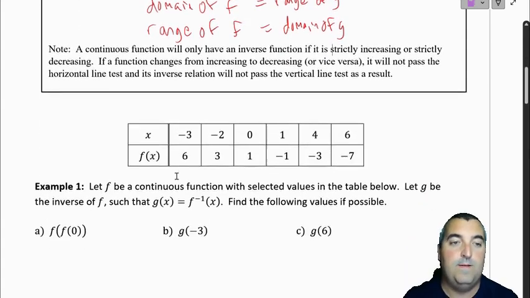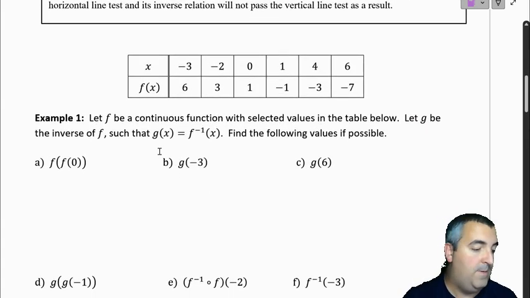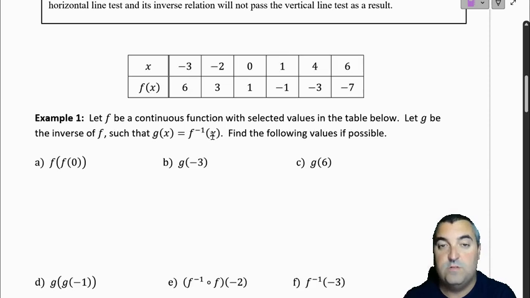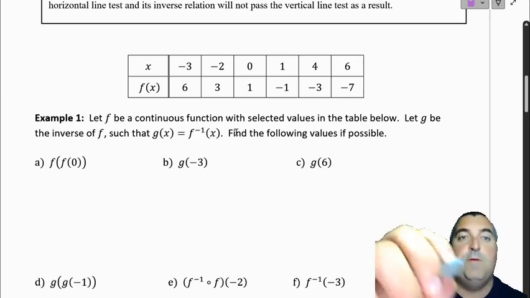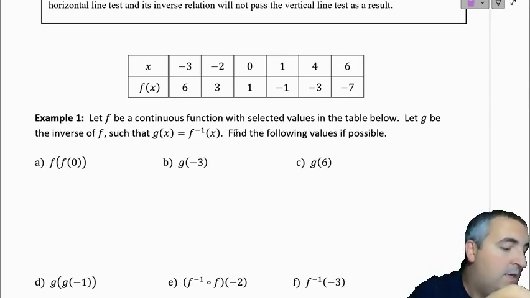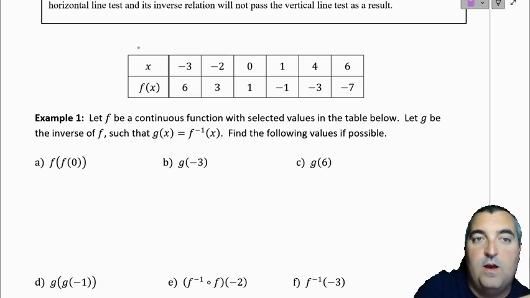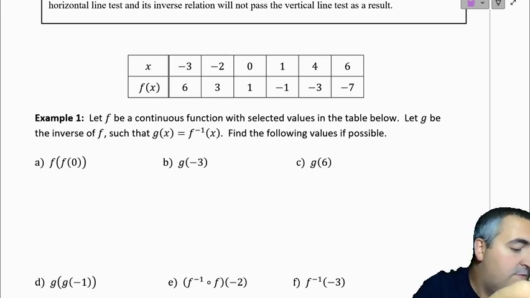Here we have x and f of x in this table, and we're told it's a continuous function with selected values in the table. Then it says let g be the inverse of f, such that g of x equals the inverse. Before I even get going, I'm going to write a new table right above here for the inverse.